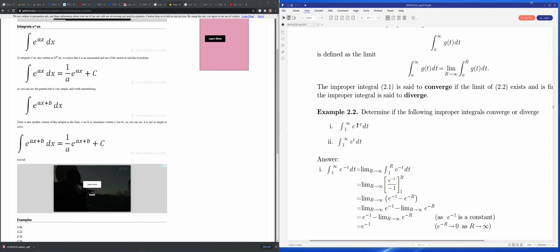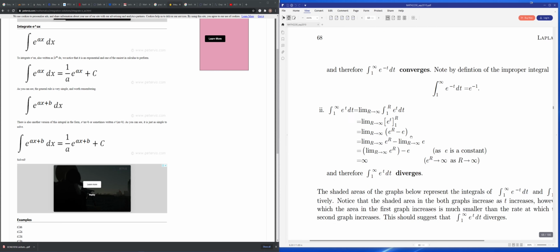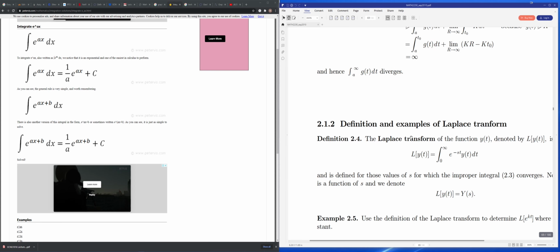Even better would be, say, e to the -2 and e to the -3. So you're focusing on the coefficient of the t, and you want it to be negative, and large negative values, say like -3, -5, -10, and so on.